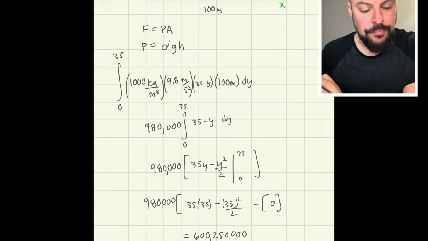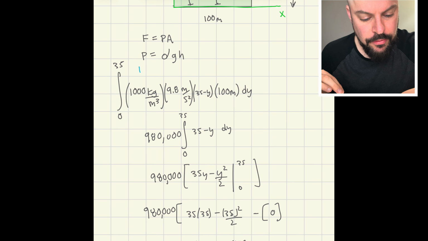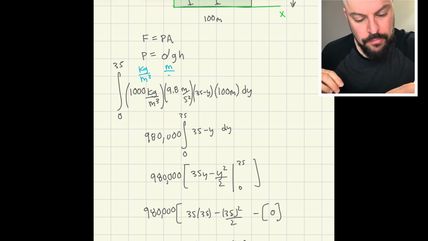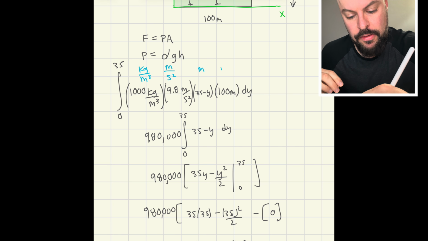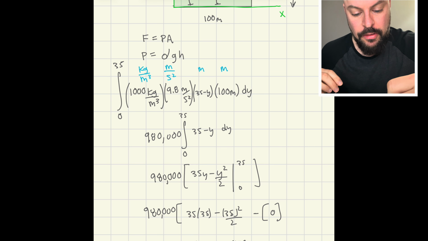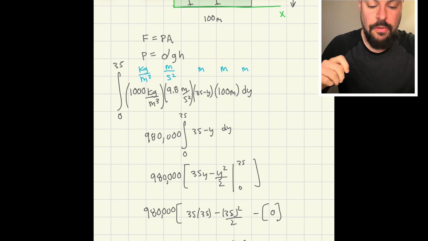Up here, this is kilograms per meter cubed. This element is meters per second squared. This depth right here would be in meters. This width is in meters, and so is this thickness, this dy.